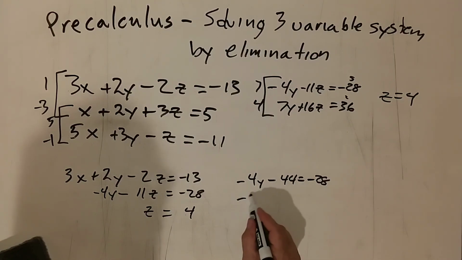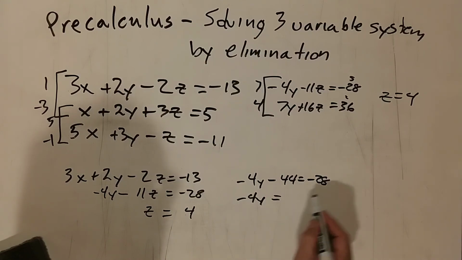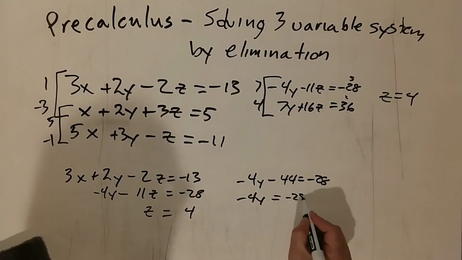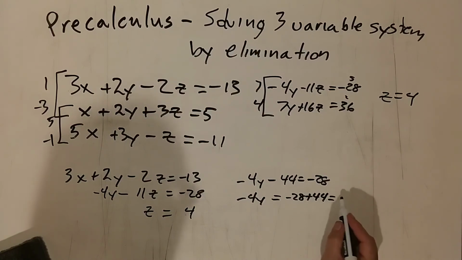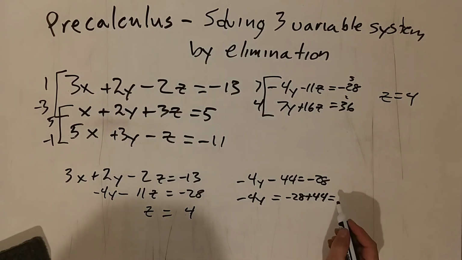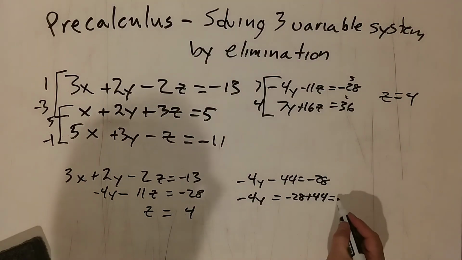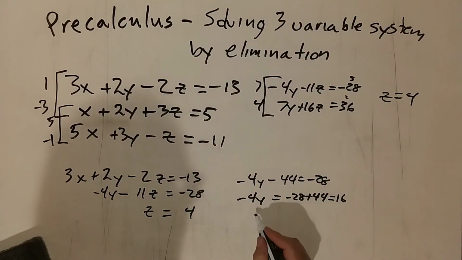So negative 4y equals negative 28 plus 44, which is 16. And that gives me y equals negative 4.